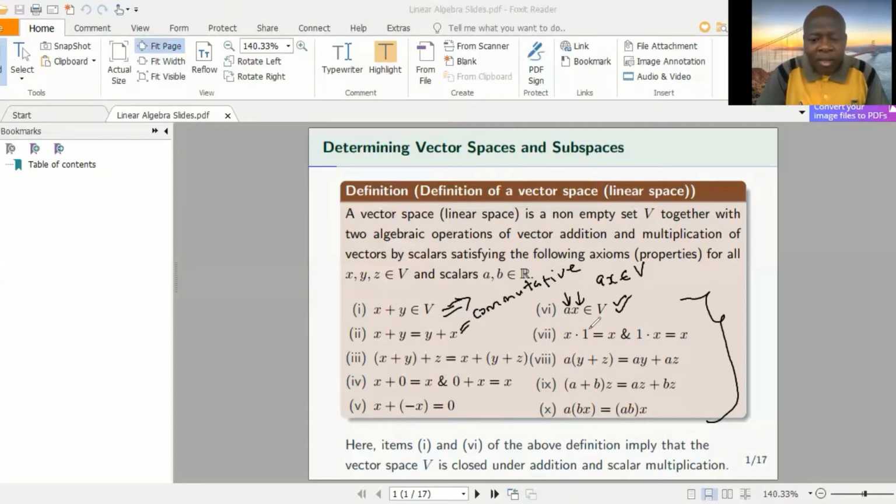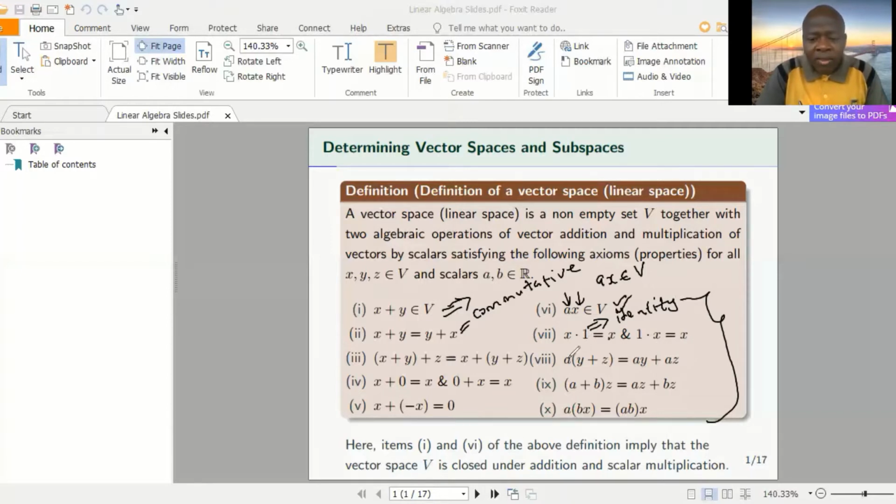And then one here is the multiplicative identity element, such that if you are to pick an element x from the vector space and multiply it by this identity, you get x. Or if I was to take 1 times x, I would still get x.